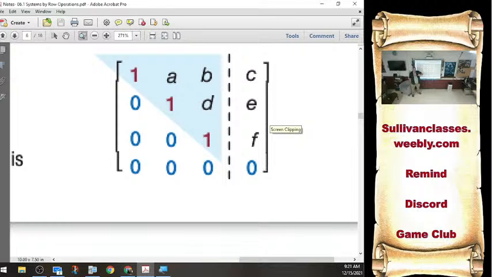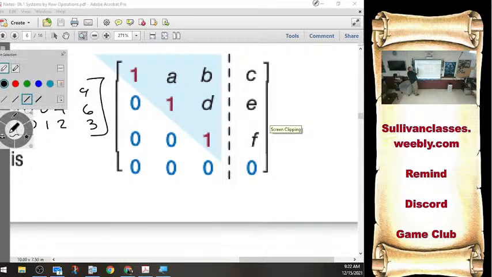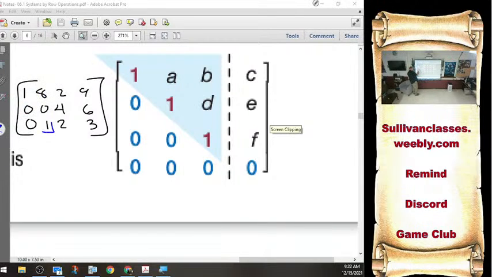Yeah. What I can't do is, in my matrix, say I have 0, 1, 2, 3, 0, 0, 4, 6, 1, 8, 2. This would not be in row echelon form because the first non-zero number here has a 0 above it.